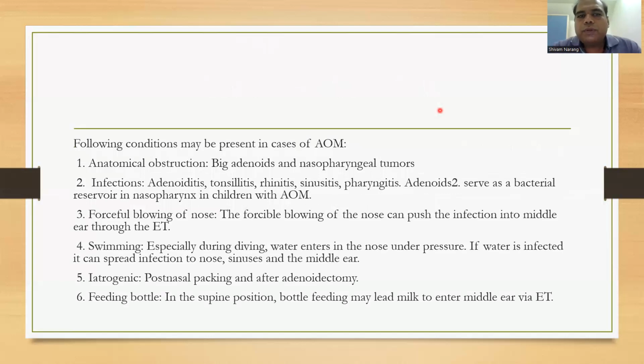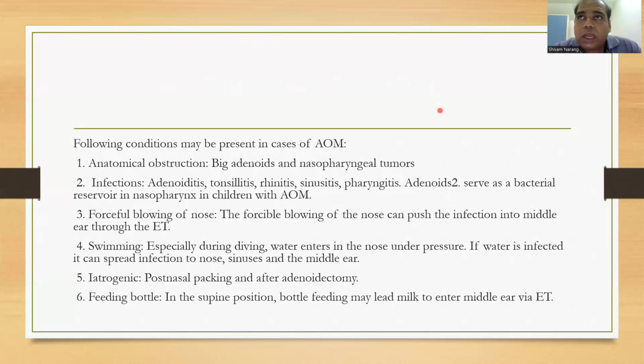So the causes which can present are: one, anatomical obstruction, that is big adenoids, nasopharyngeal tumor. This obstruction leads to stasis and infection of the nasal cavity, which acts as a source to ascend through the eustachian tube. Second, infection: adenoiditis, tonsillitis, rhinitis, sinusitis, pharyngitis.